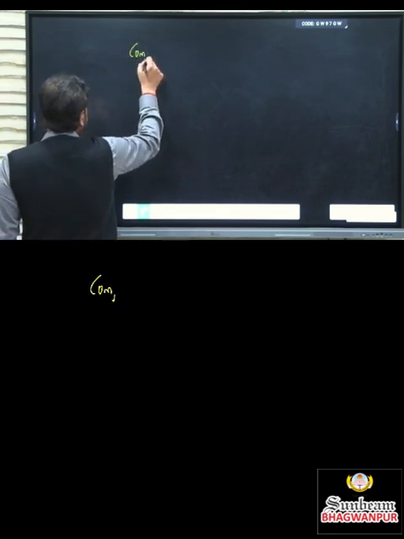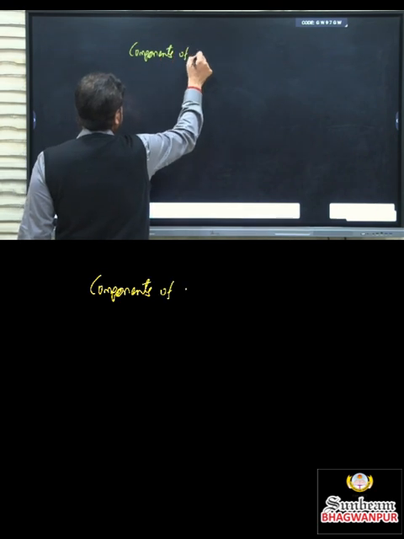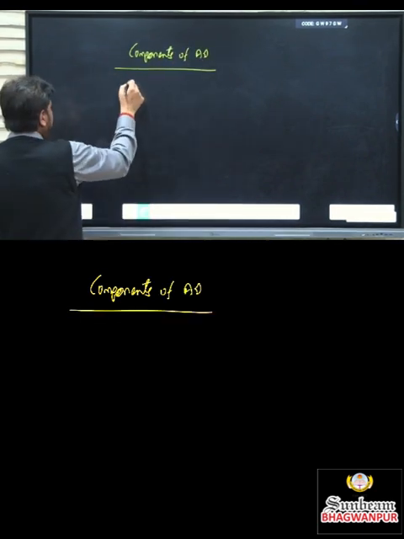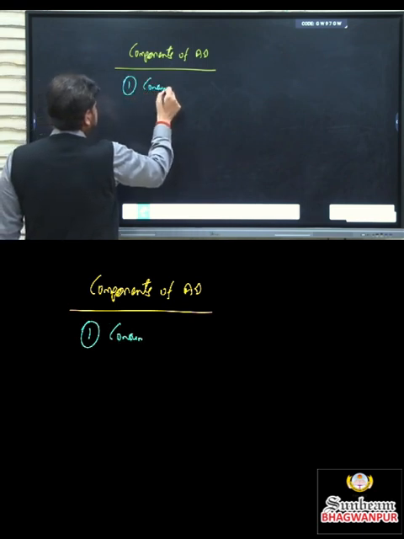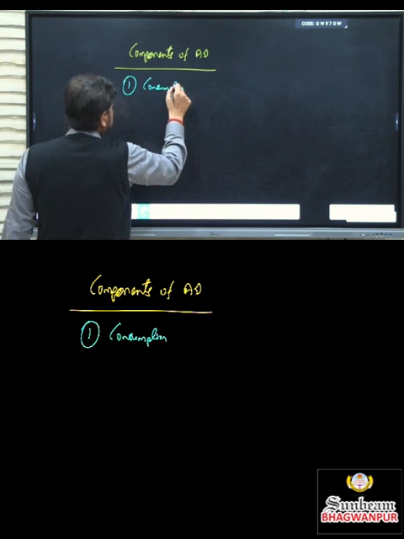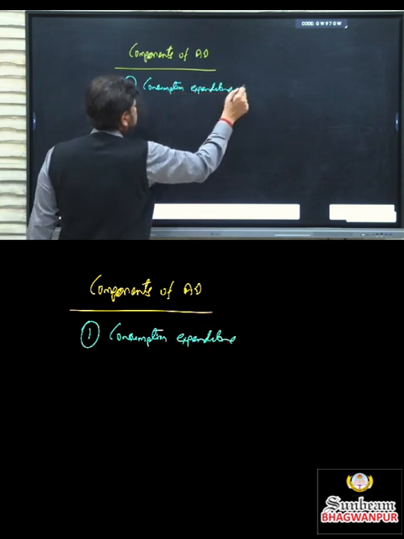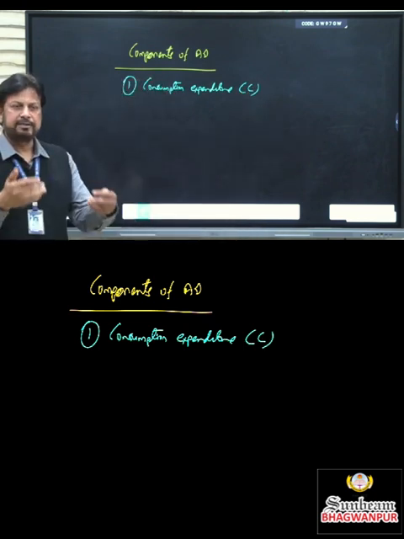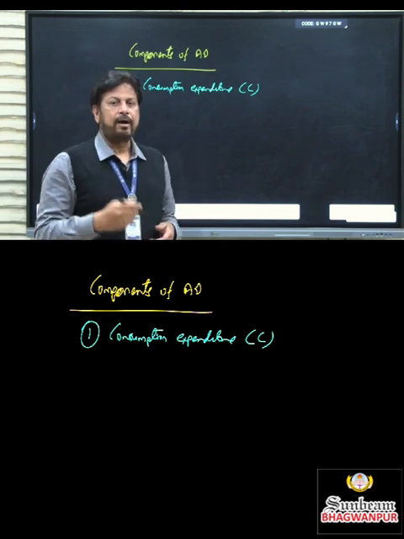Components of AD: there are 4 basic components. First one is consumption expenditure, C. And you all know that consumption expenditure means the planned consumption expenditure of the household sector.